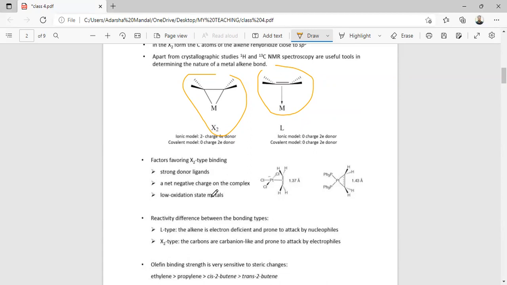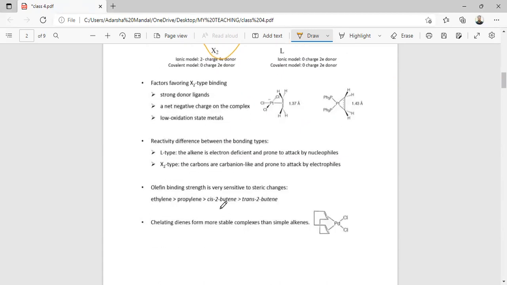As for the reactivity difference between these two bonding types, in the L type the alkene is electron deficient and prone to attack by nucleophiles, and in the X2 type bonding mode, the carbons are carbanion-like and prone to attack by electrophiles.